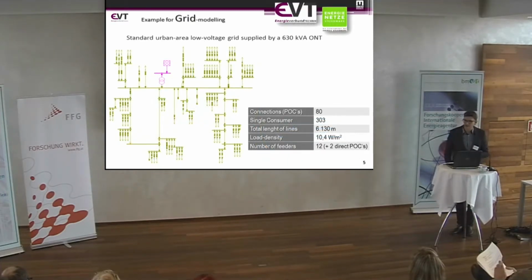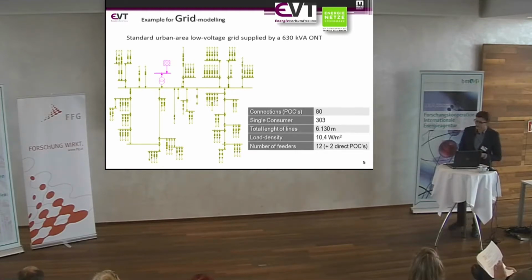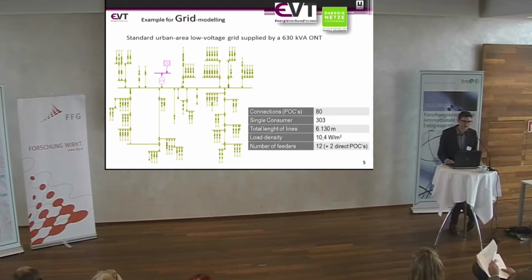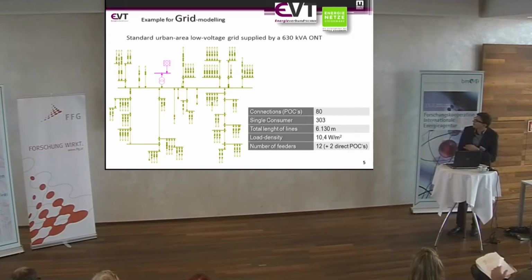This is actually the part my institute is doing together with Energienetze Steiermark, and we do grid planning on 2 levels. We do it in the low voltage grids and also in the medium voltage grids. What I show you here today is only an example of a work package which is already finished. We have here results from the low voltage grid.